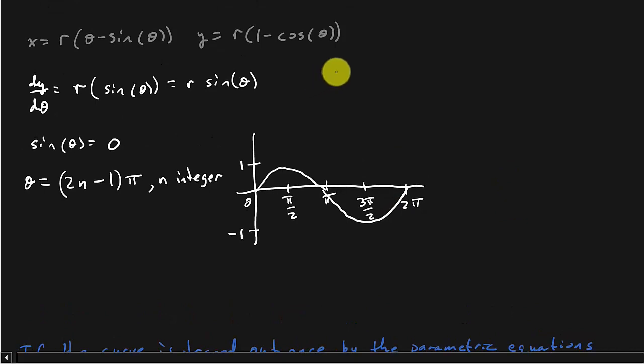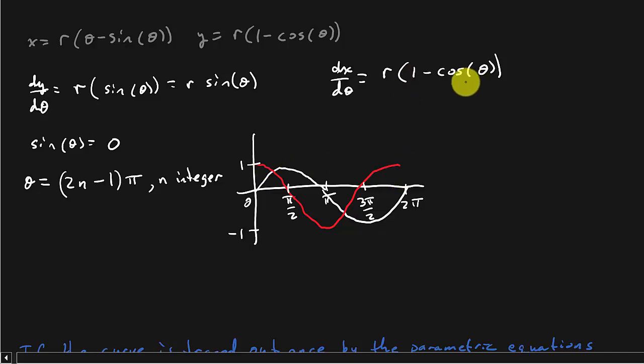Well, let's look at this. What's dx d theta? That's going to be r times 1 minus cosine theta, right? Let's take 2 pi and plug it in. What's the cosine of 2 pi? Remember, the graph of cosine would look something like this in red. The cosine of 2 pi is 1.